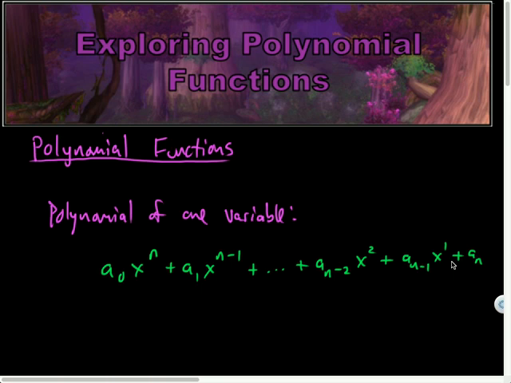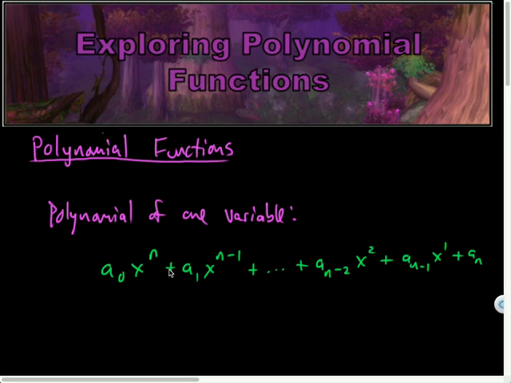Nope. Okay. So basically, what I want to point out here is that all of these a terms, a sub 0 through n, are just numbers, so those aren't variables. And notice it's a single variable, one variable, I'm referring to the x here. I don't have an x and a y and a z, it's just x.